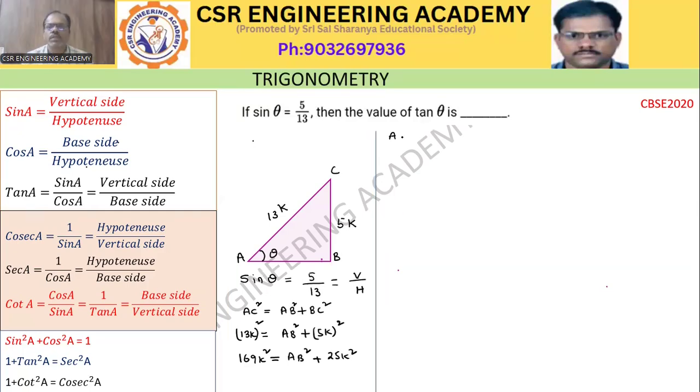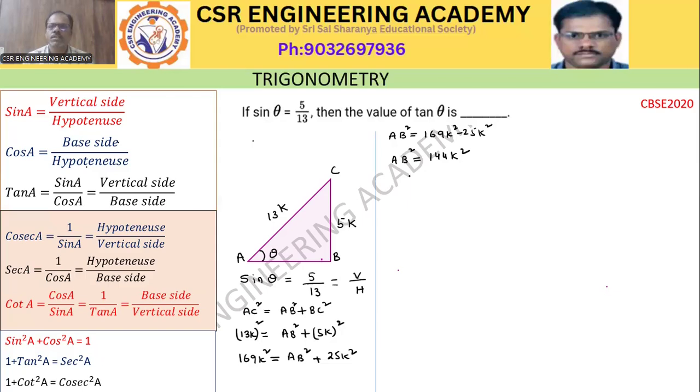AB square is equal to 169k square minus 25k square, that is 144k square.